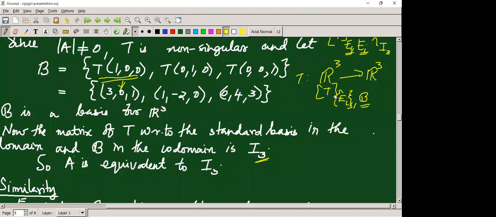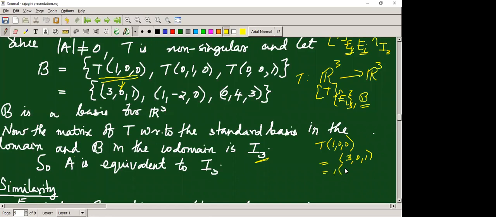So how can we represent the matrix of T with respect to the standard basis and B? You take T of (1, 0, 0). Its coordinate vector is (1, 0, 0) since it is the standard basis, and T of (1, 0, 0) is (3, 0, 1). So you find the coordinate matrix of (3, 0, 1) with respect to this basis B. You have to write (3, 0, 1) as a linear combination of (3, 0, 1), (1, -2, 0), and (0, 4, 3).